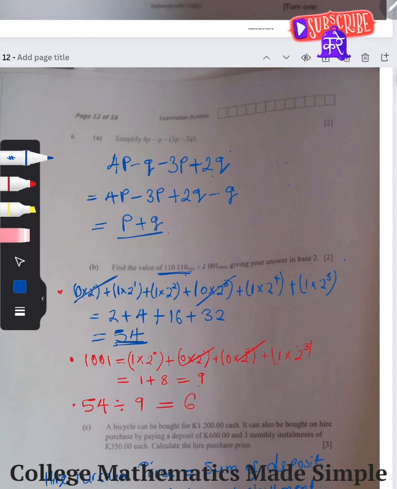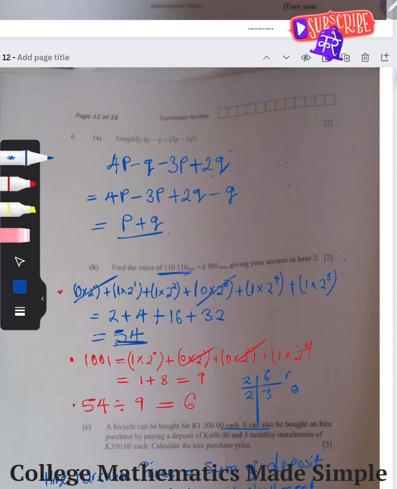Now, the simple task is to convert 6 to base 2. So I just write like that, which is 6 here and divided by 2. So 6 divided by 2 is 3, remainder 0.